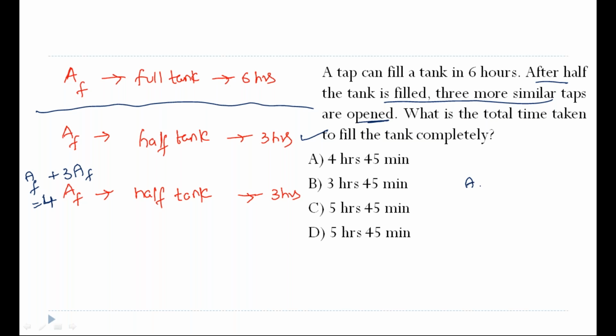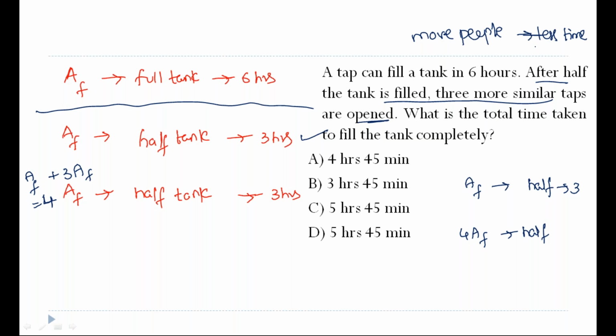Now listen. 1 tap fills half a tank in 3 hours. If we have 4 taps, how much time is taken? We discussed: more people, less time; less people, more time. As you have 4 taps, it should take less time to fill.